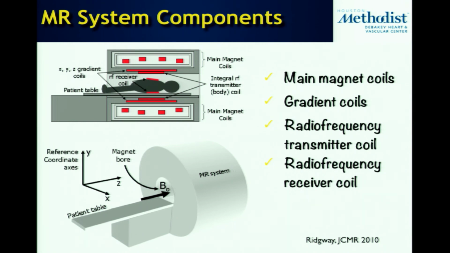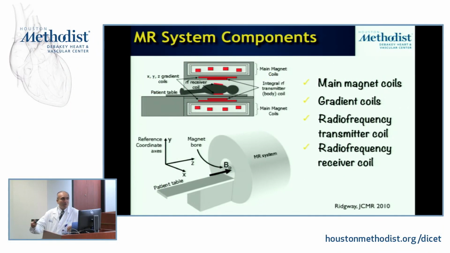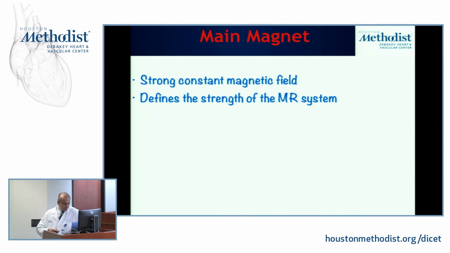Then there's the radio frequency transmitter coil, which sends in radio frequency waves, and a radio frequency receiver coil, which actually receives the wave. It's just like a radio station back in the days of AM and FM, where the transmitter would transmit the RF radio frequency waves, and then a receiver would actually receive the waves.